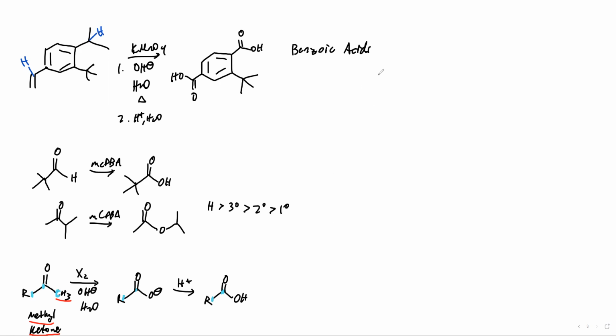This is a loss of 1 carbon. Not very many reactions can do this where we just lose a whole carbon, but this is one of them. So imagine you're doing your carboxylic acid synthesis and you lose an entire carbon. That loss of a carbon most likely is the result of the haloform.